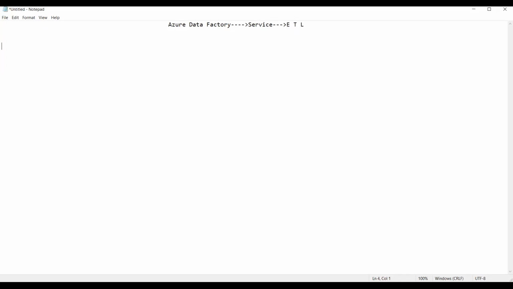So the ETL stands for extraction, transformation, and loading. Guys, the extraction, transformation, and what is that? We have the loading.